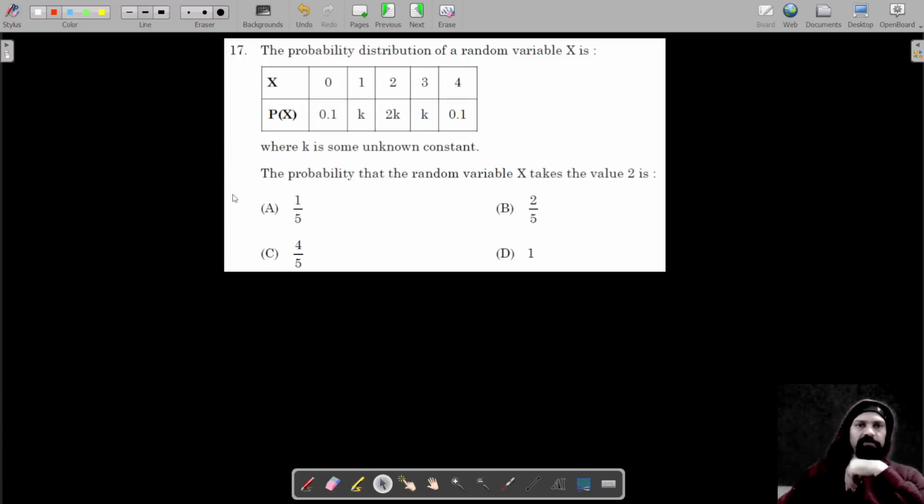So for question number 17, the probability distribution table of a random variable x is given, where k is some unknown constant, and we are asked the probability that the random variable x takes the value 2.